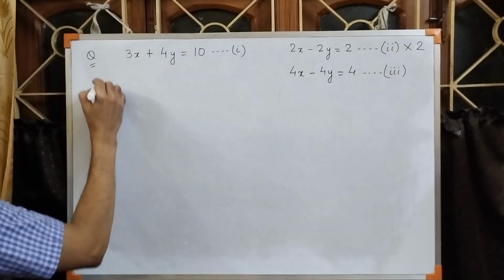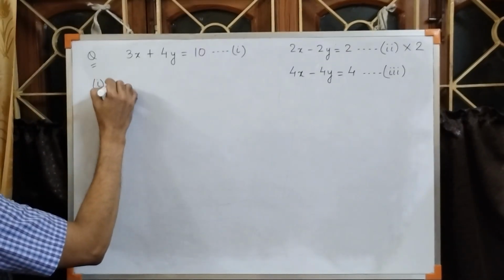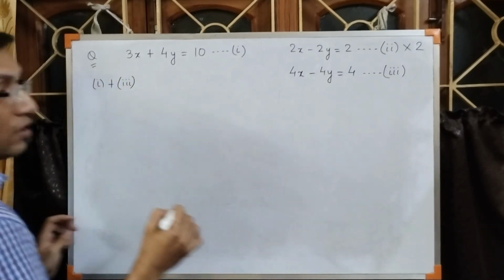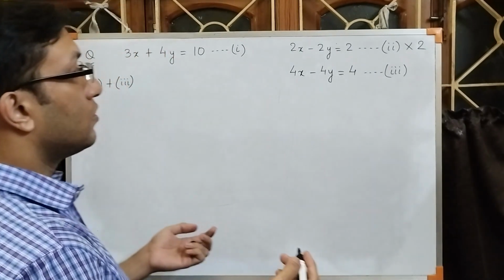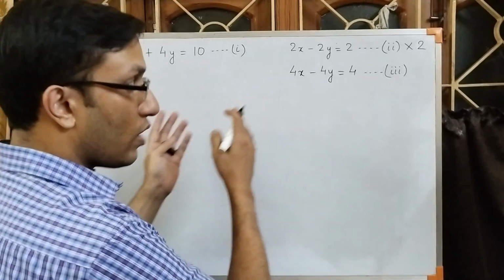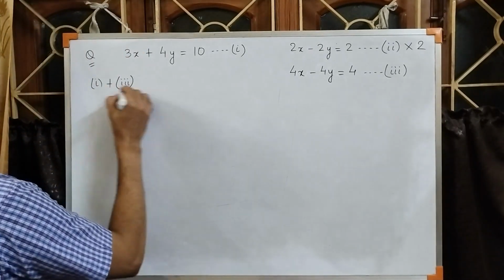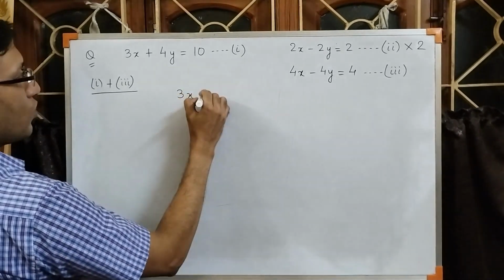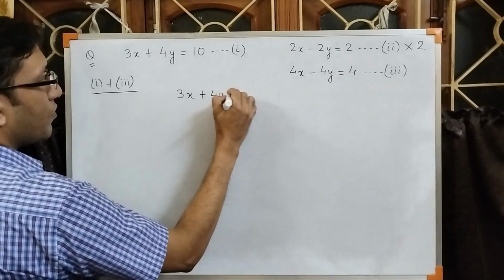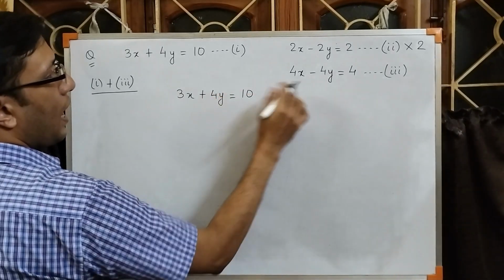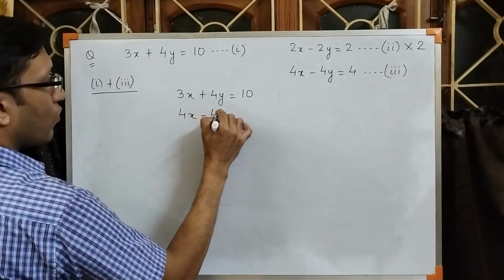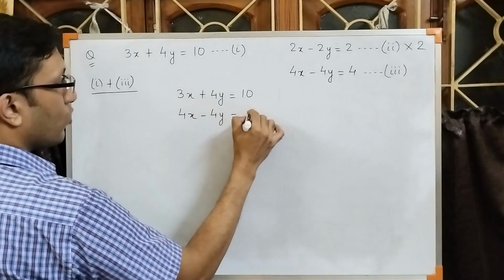Now we will add equation 1 with equation 3. Now you might ask me, why will we add, why will we not subtract? So let's see. The first equation is 3x plus 4y equal to 10, and the third equation is 4x minus 4y is equal to 4.